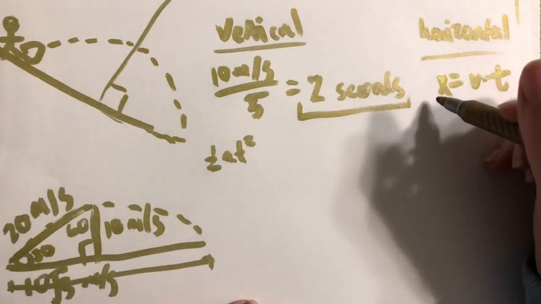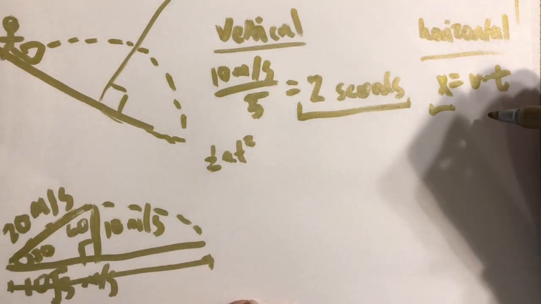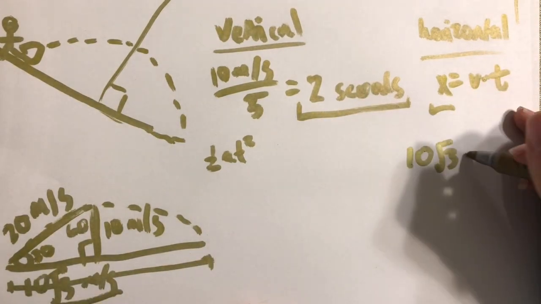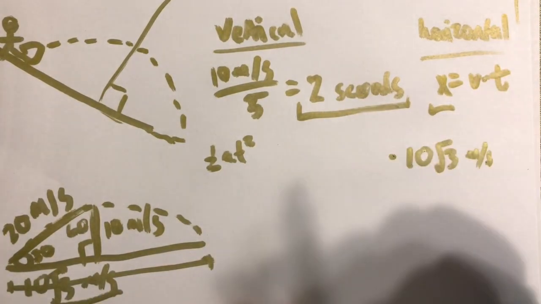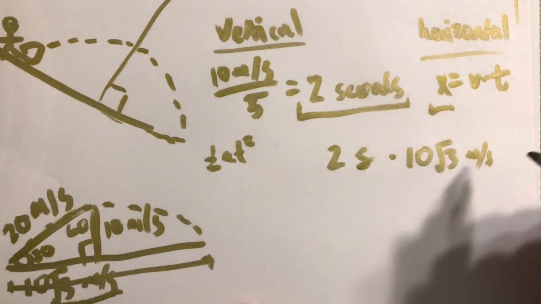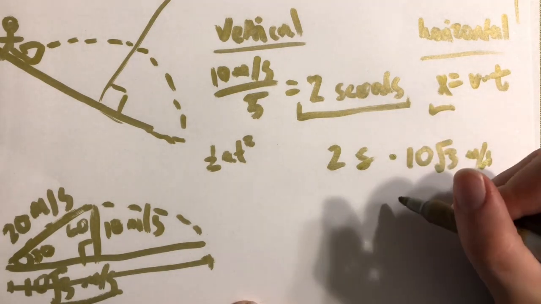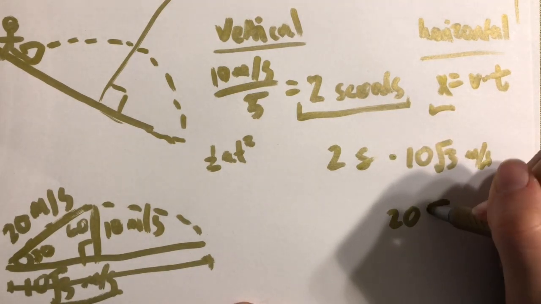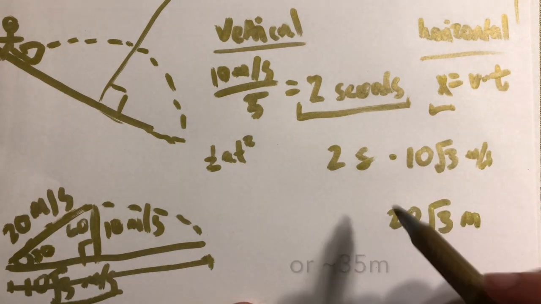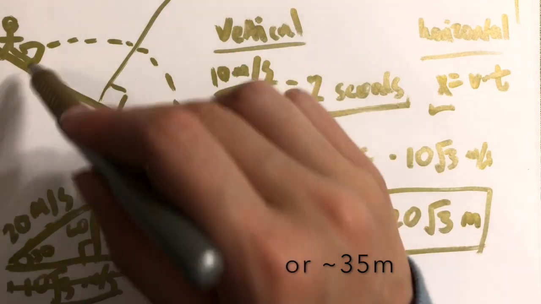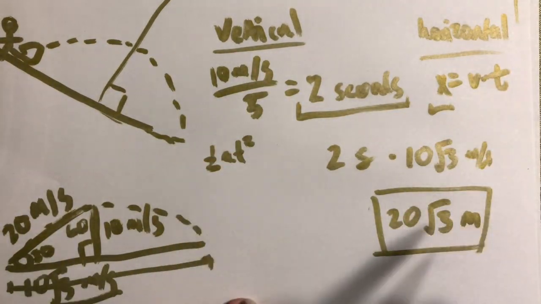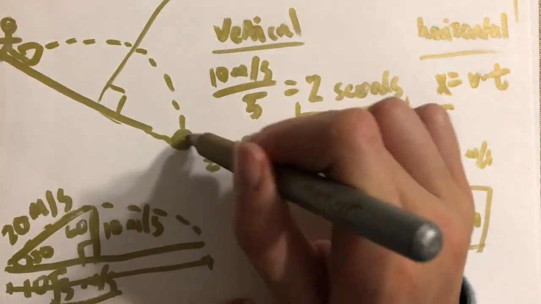And so we're trying to find x, or the range, when we have our velocity of 10 root 3 meters per second times 2 seconds, where the seconds cancel out, and we get 20 root 3 meters as the overall range, or the distance that after the ball is kicked, Dash will have to run in order to get to where the ball meets the ground.